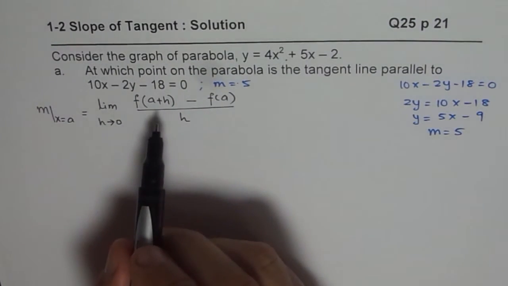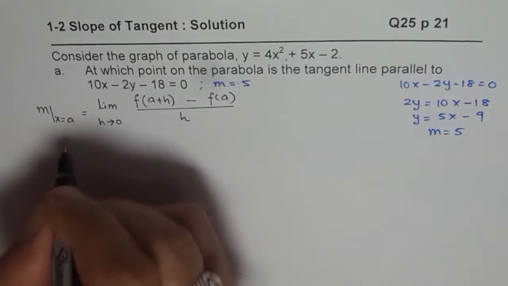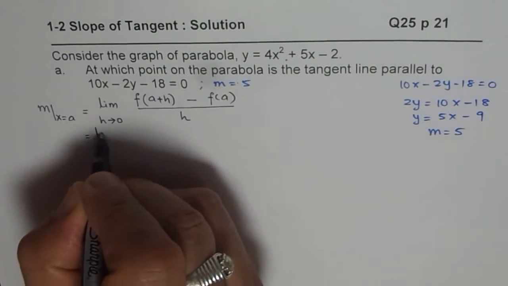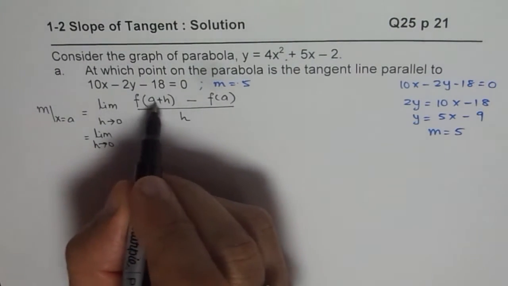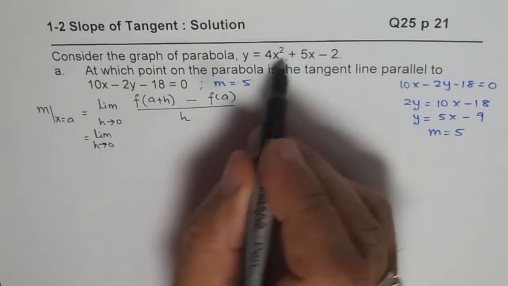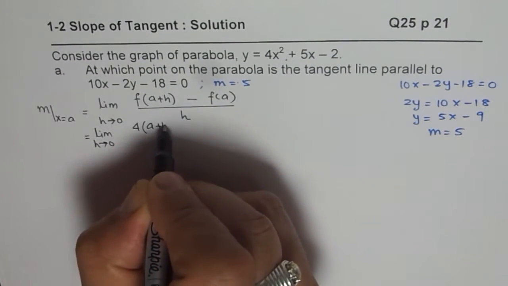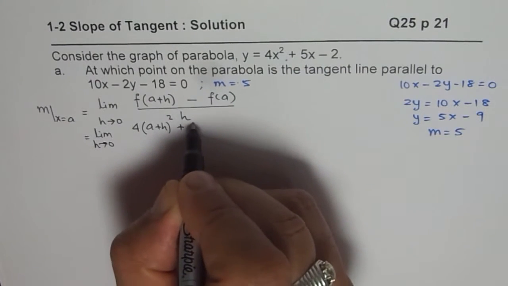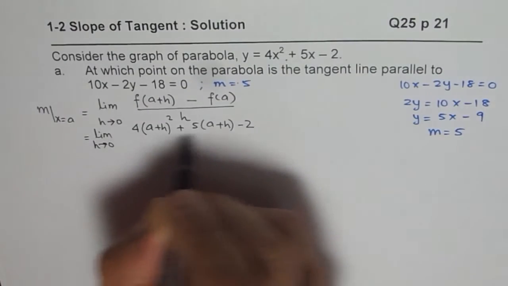Now we will substitute a plus h for x for the first term. So we get the limit as h approaches 0, and f of a plus h means replace x with a plus h. So we get 4 times (a plus h) whole squared plus 5 times (a plus h) minus 2.